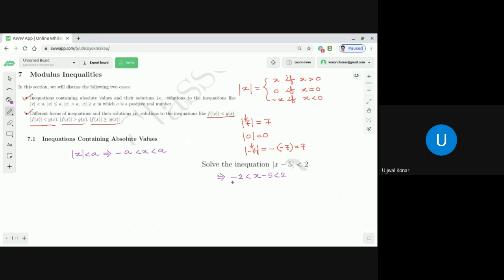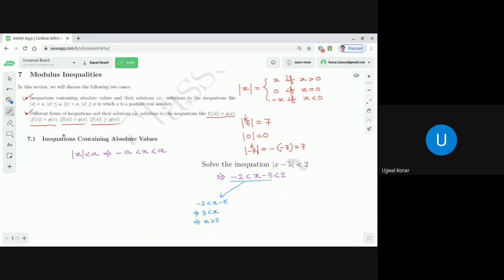One is for minus 2 less than x minus 5. If I take this one, what are we going to get? Minus 2 less than x minus 5 implies 3 is less than x, because we are adding plus 5 to both sides. So x is greater than 3.